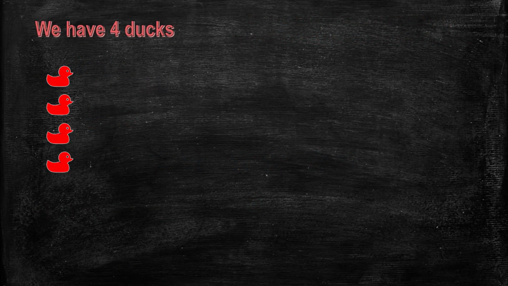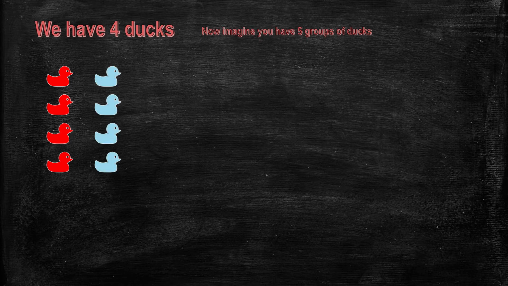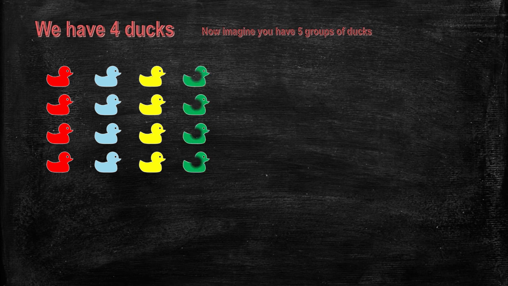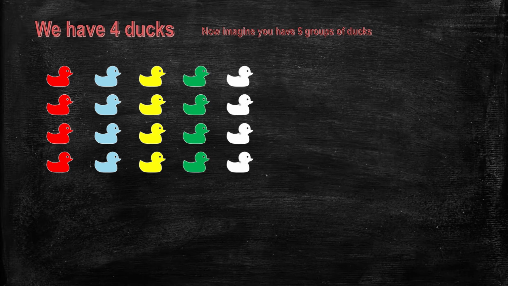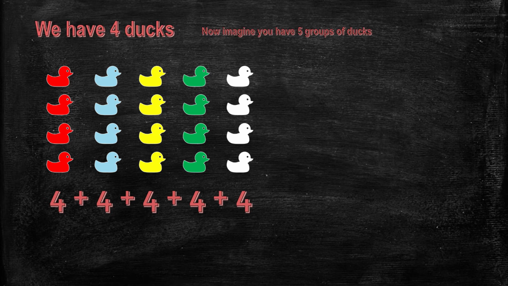Now here we have 4 little ducks. Red ducks, that is. Now imagine you have 5 groups of these ducks. We've already got the first group. 2, 3, 4, 5. So if we were to skip count, 4, 8, 12, 16, 20.